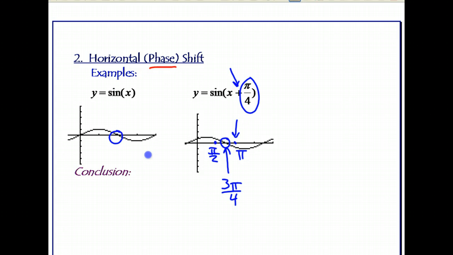Another way you could think about that is if we have 1/2 here and 1 here, 3/4 is right in the middle of that. So we shifted to the left, and we shifted to the left pi over 4 units. So again, this one tends to be a little tricky just because the sign is counterintuitive, meaning if it's plus, normally you would think that means go to the right. In this case, it means go to the left.